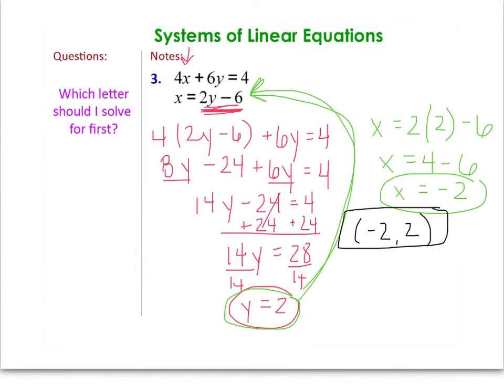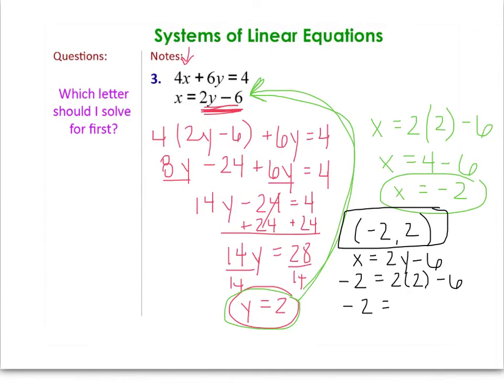or negative 2, 2. Well, I gotta check my answer, so I'm going to check it using equation 2 because that's kind of a nicer number equation. It's a little less complicated. Well, equation 2 says that x equals 2y minus 6. So negative 2 equals 2 times 2 minus 6.